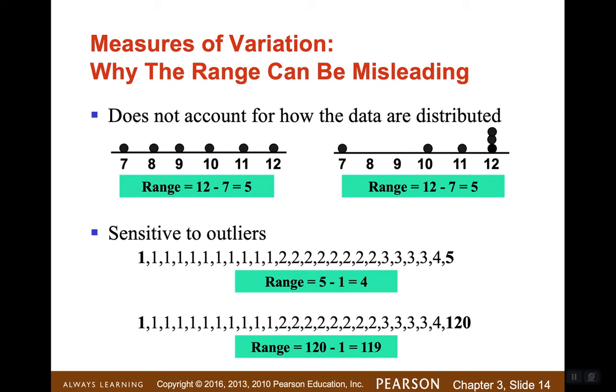Now the problem is, it's simple, which means that depending upon the circumstances, it could have pretty good utility, or depending upon the distribution of the data, not. The range gives us an idea of the scope, but it doesn't necessarily tell us what it looks like inside. So in this case, I have 12 and 7, so our range is 5.